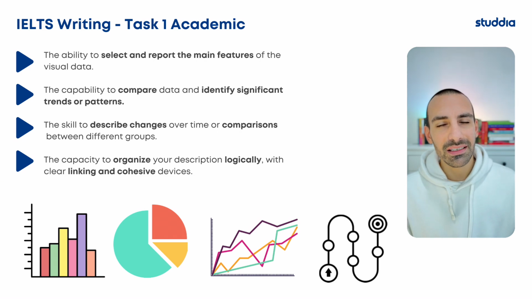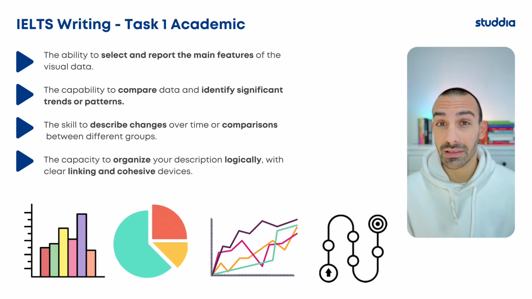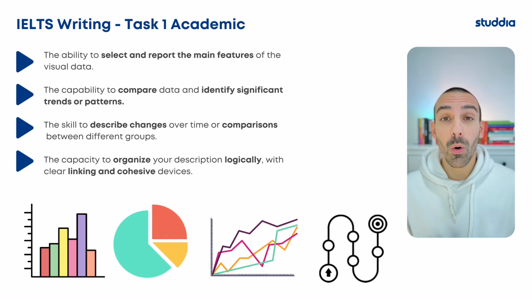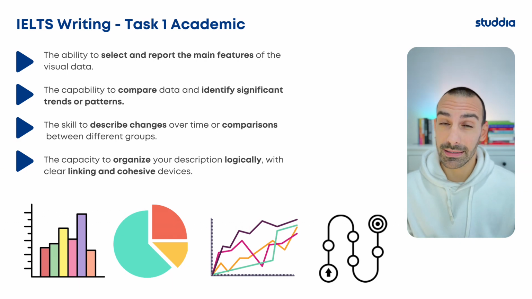Your response needs to be well structured with clear connections between ideas. And you need to do all of that with strong vocabulary and accurate grammar. In short, Task 1 isn't just about writing what you see, it's about selecting, analyzing, comparing, and organizing information effectively.